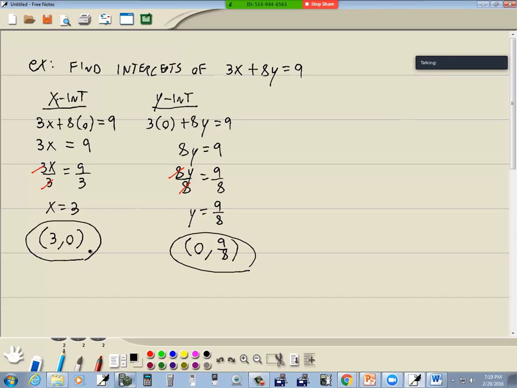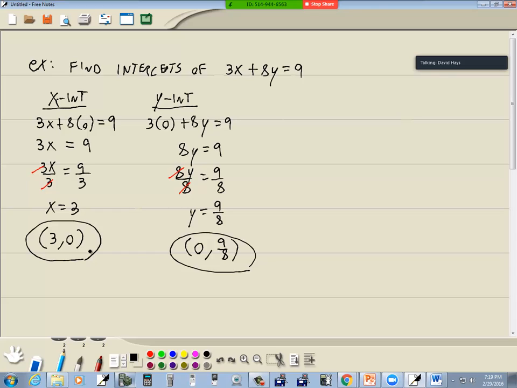Now sometimes when you get into problems that are more difficult in terms of graphing, the intercepts are a little piece of the puzzle. For example, if you do want to take calculus, the intercepts by themselves won't give you the graph, but they'll give you an important piece to the puzzle.